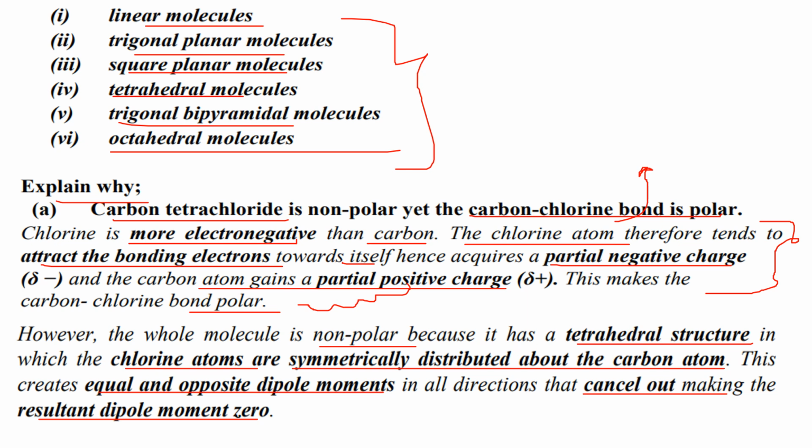So in the tetrahedral structure, the chlorine atoms are symmetrically arranged around the carbon atom, and this makes the whole molecule nonpolar. That's the reason why the carbon to chlorine bond is polar, but the whole molecule of carbon tetrachloride is nonpolar.